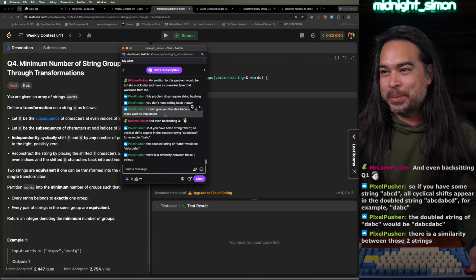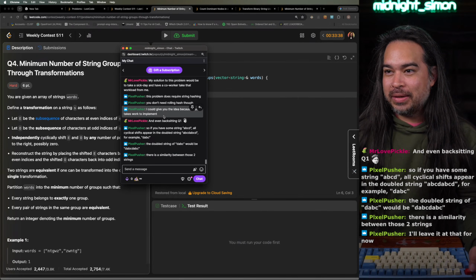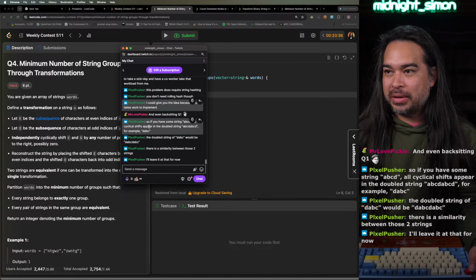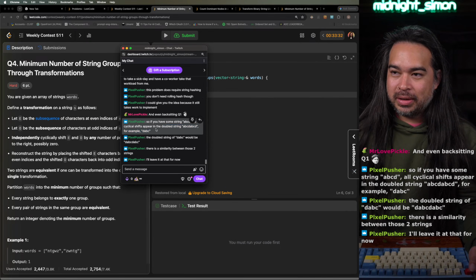So if you have some string A, B, C, D, all cyclical shifts appear in the double string. Yes, I know this double string and cyclical shift stuff, right? There is a similarity between those two strings.